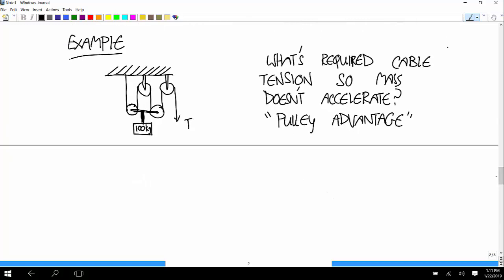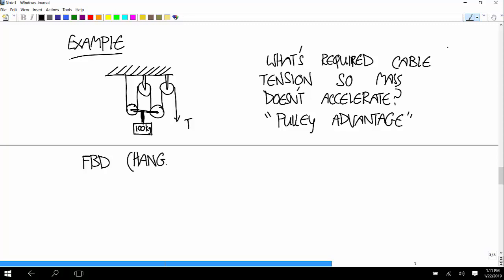Okay, let's calculate this. The first question is, what do we want to isolate? It turns out to be easiest if you isolate everything that's hanging from the cable. So the hanging stuff. What does that look like?